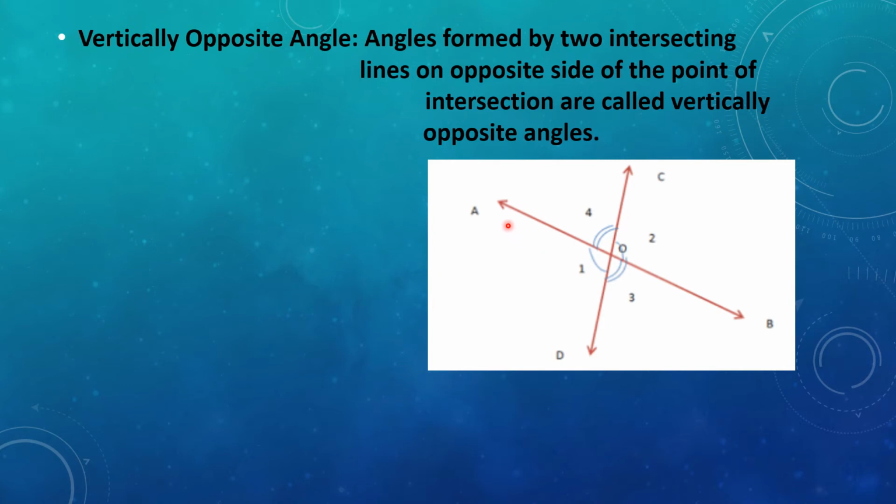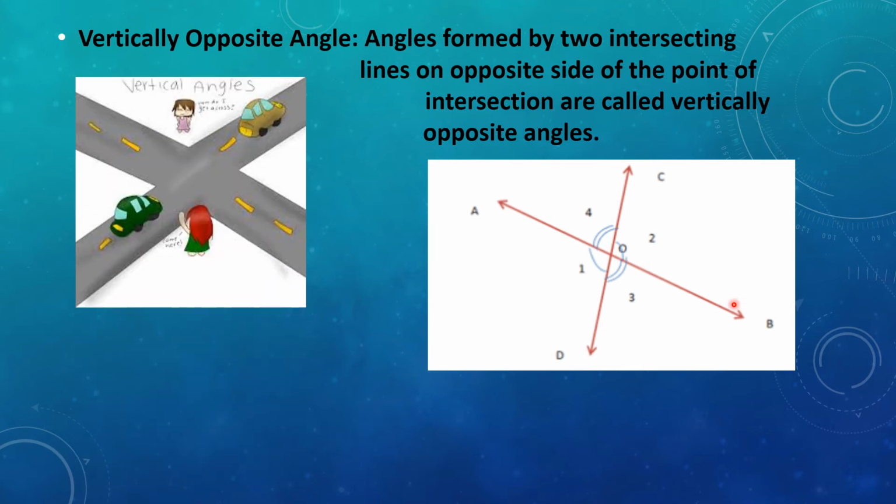Or I can say that AOD and COB, which are opposite to each other, are known as vertically opposite angles, and angle AOC and DOB are vertically opposite angles. Here you can see a four-cross road.